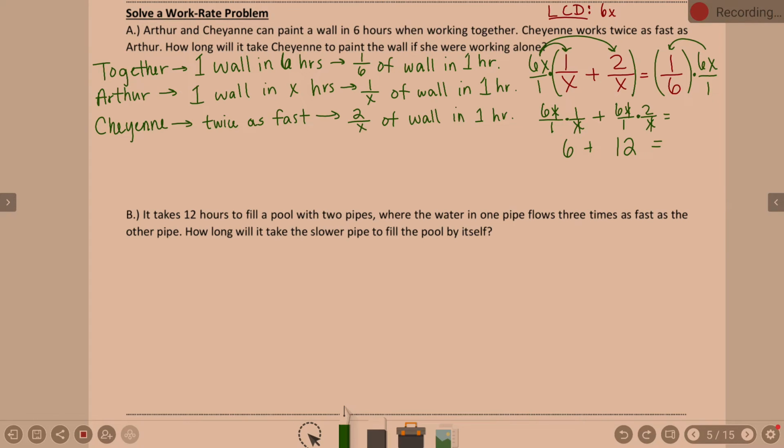And on the right, 1 over 6 times 6x over 1. What cancels? 6's cancel, leave me with x. Man, this equation became so easy. What do we know? X equals 18.